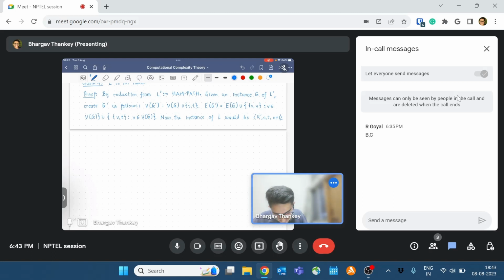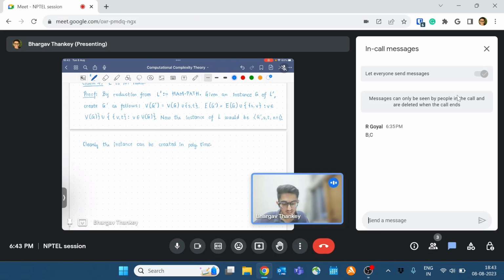Clearly the instance can be created in polynomial time, so this reduction is at least polynomial time.